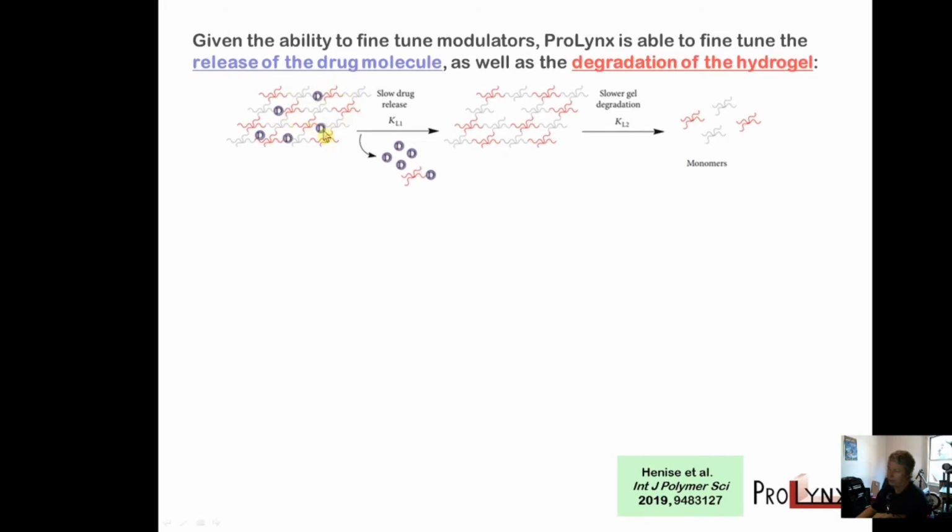The idea is you'd fine-tune the modulators so that you could slowly release the drug. Some of the drugs are going to come off with the polymer components, but generally speaking, you're going to have free drug released, and then the drug's gone, and then you have an even slower gel degradation. So then the degradation goes away also, and you form monomers.